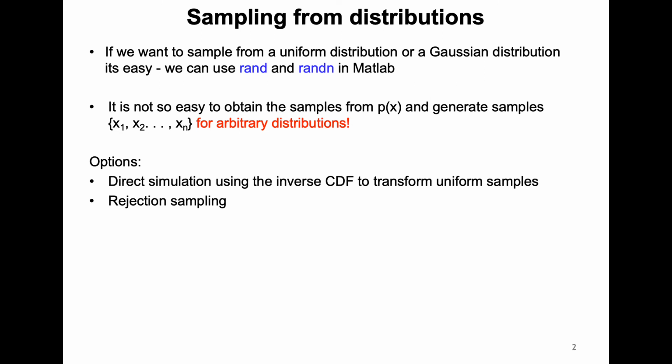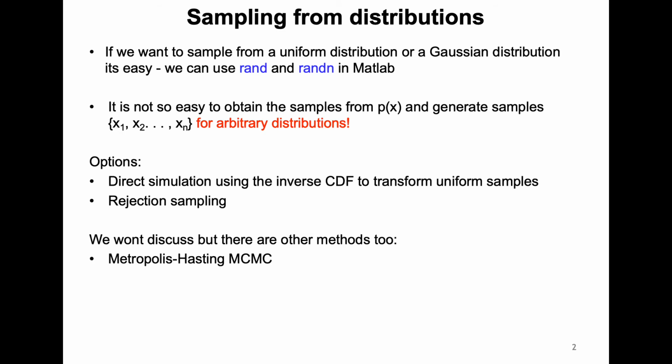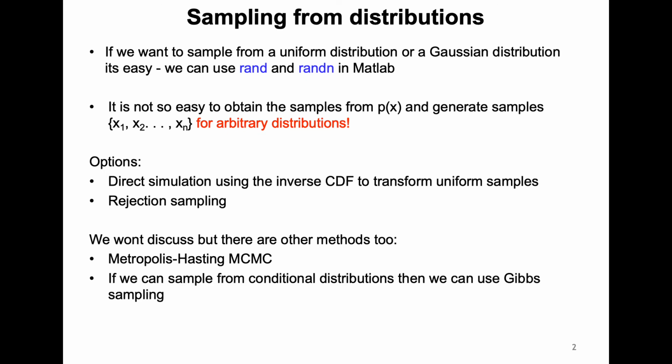However, a more general method is using something called rejection sampling, and that's what we'll talk about now. There are other methods as well for sampling. One of them is Metropolis-Hastings. MCMC means Markov chain Monte Carlo. And there are other methods like Gibbs sampling.